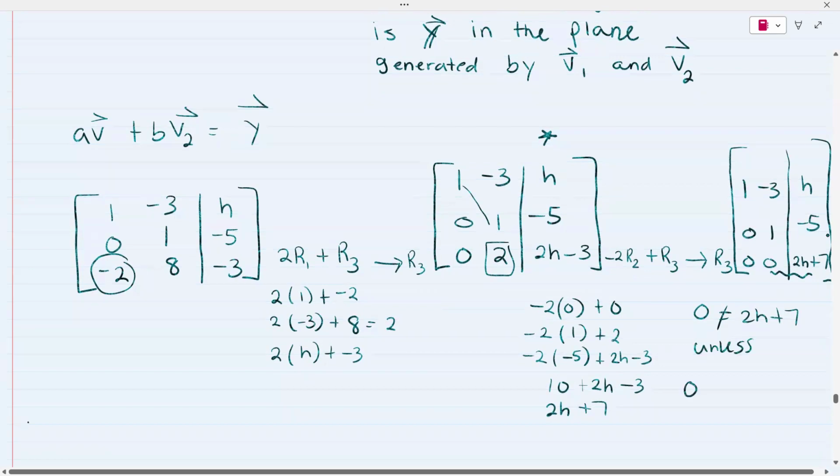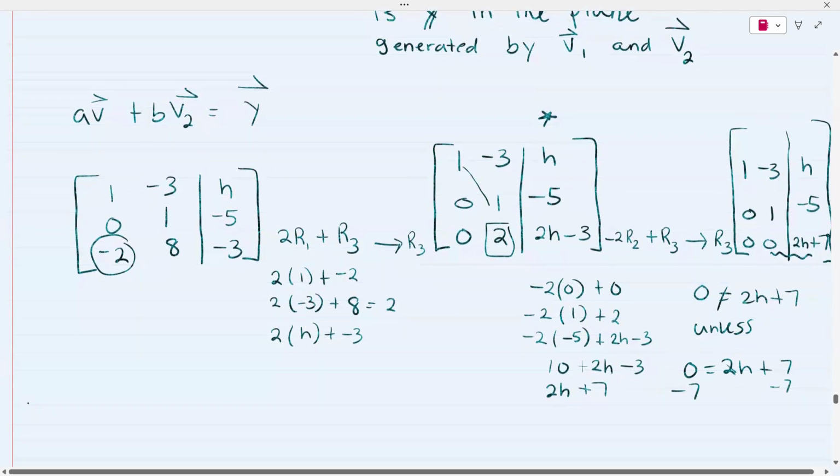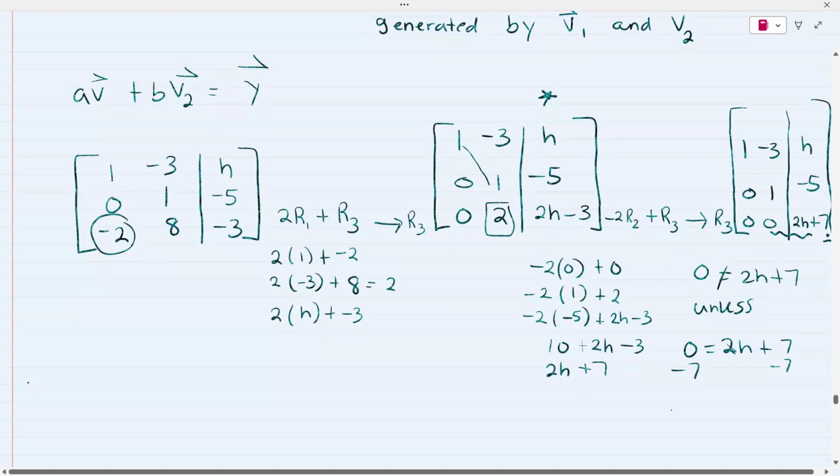If you solve for h, I would subtract 7, so -7 equals 2h.